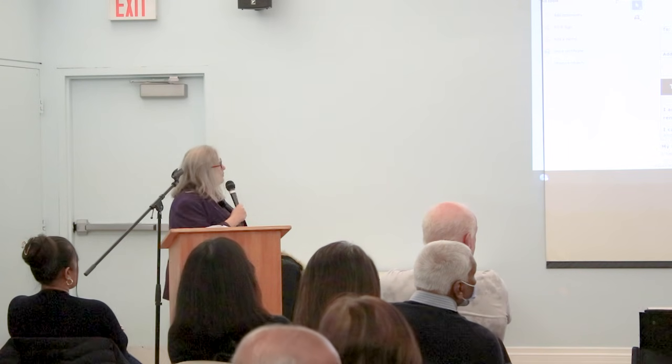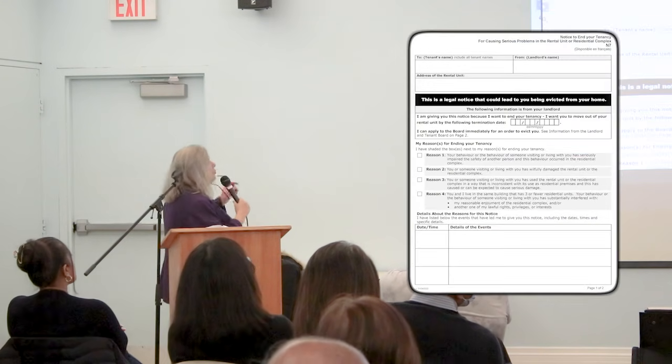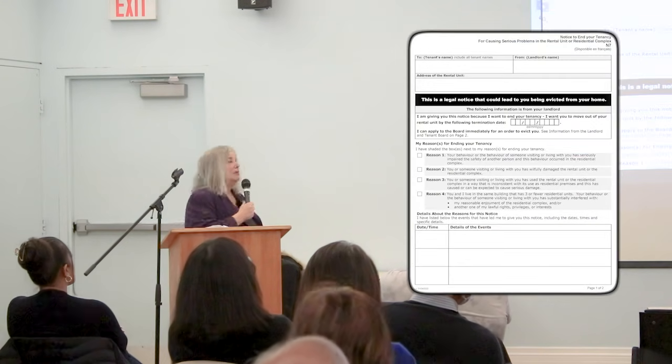So the first notice that people often will go to is the N7. So if we can just take a look at the N7. I'm sure many of you are familiar with these documents. Okay, so this is what's known as an N7.